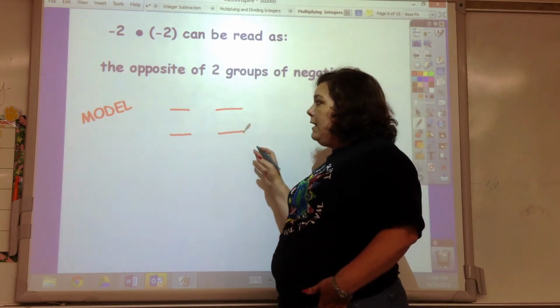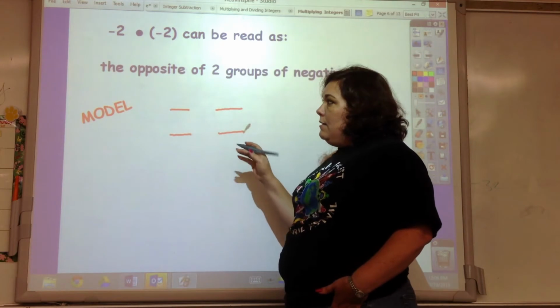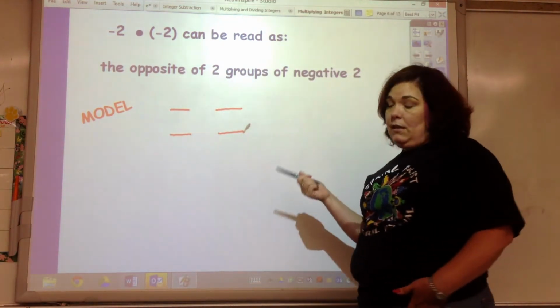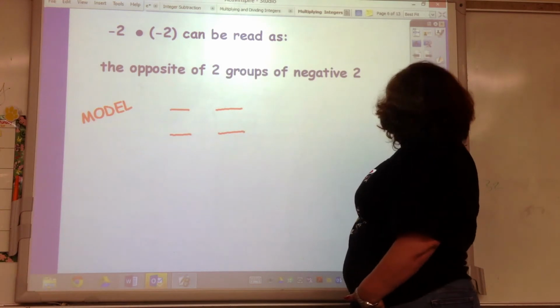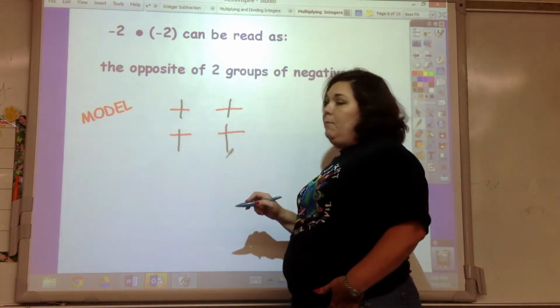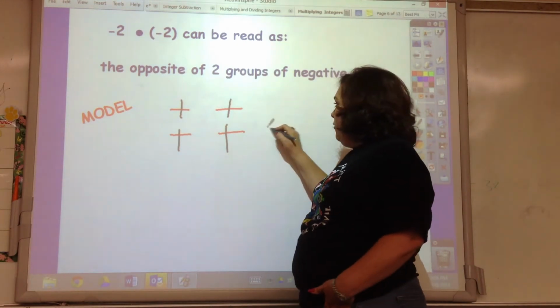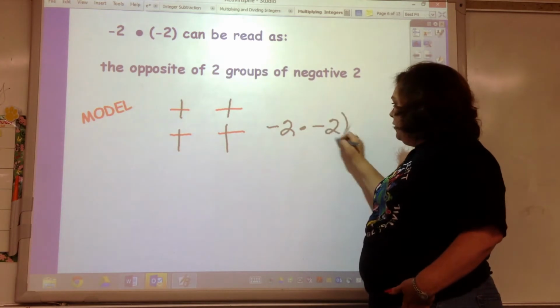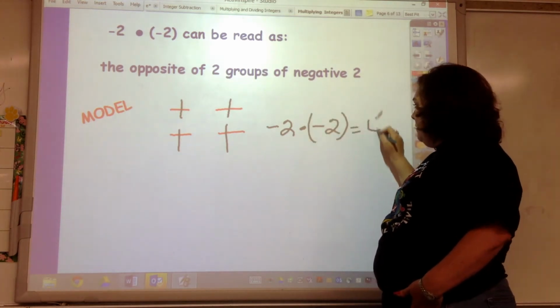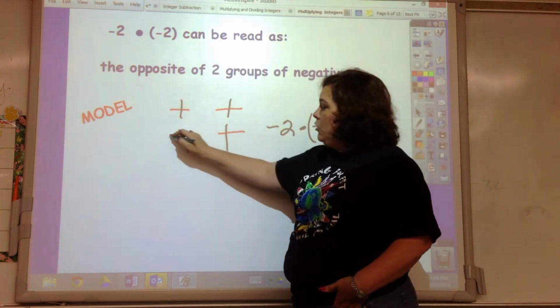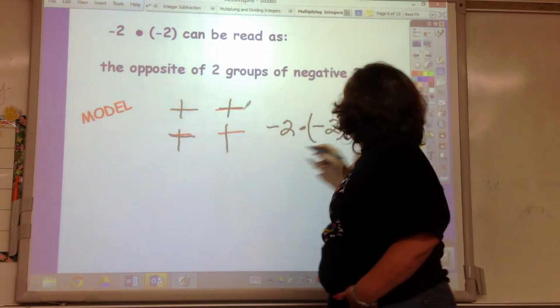Well, these are all negative, but the negative sign means the opposite of. So I have to do the opposite of negative, which is all of these being positive. Whenever you're multiplying 2 negatives together, your answer is going to be positive, because it's the opposite of, and so it shows 4 positives.